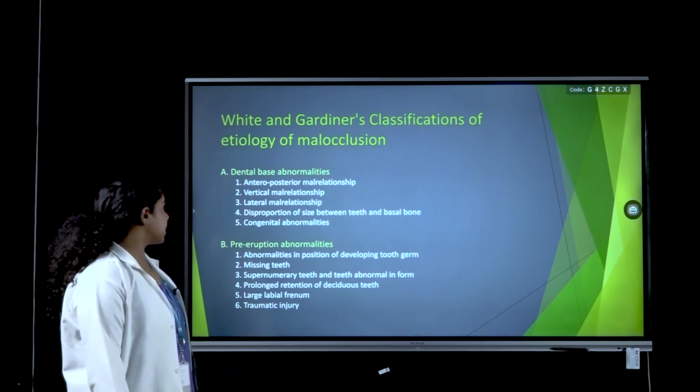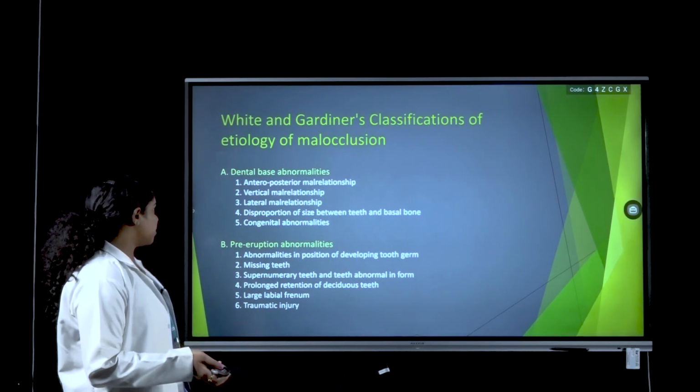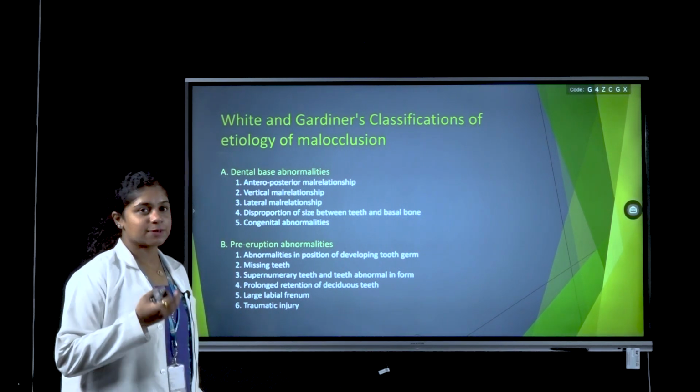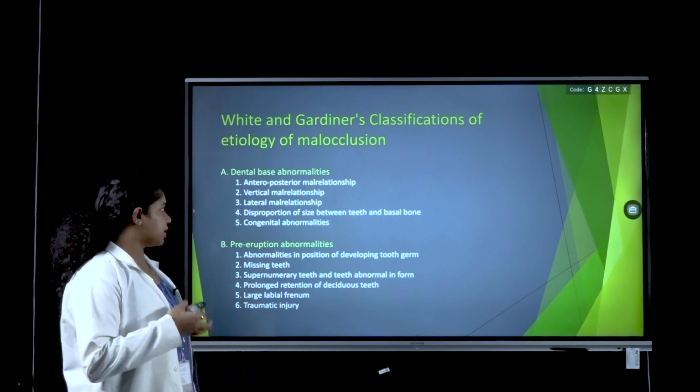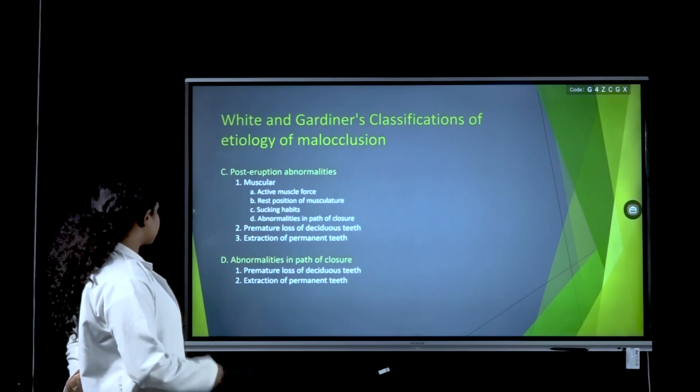Dental base abnormalities include anterior-posterior relationships, vertical malrelationships, lateral malrelationships, disproportionate size relation of teeth and basal bone, and congenital abnormalities.